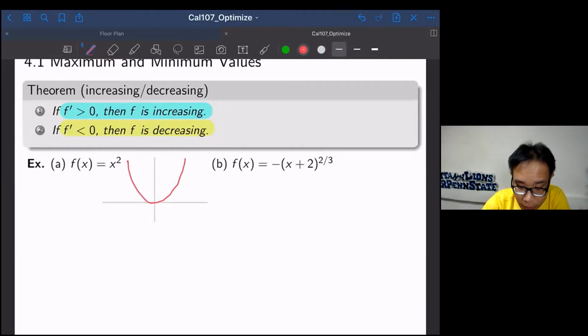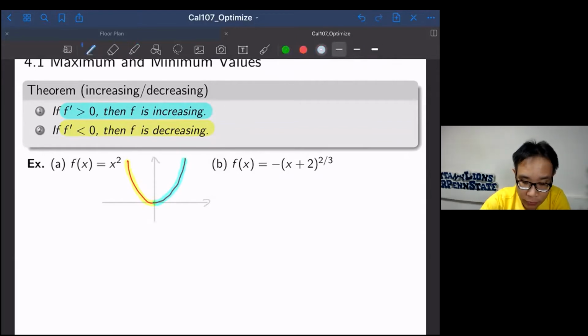So you get a parabola open upward, and you see from the graph that you have decreasing down here. Okay, so you have decreasing when x is negative and you have increasing when x is positive.